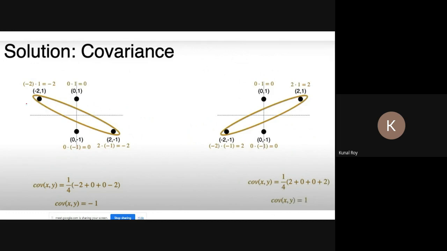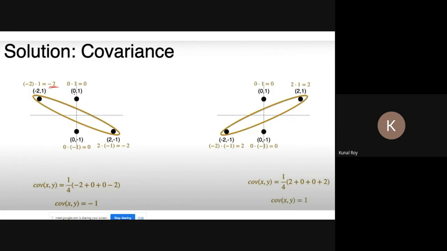Similar thing, if we are taking those points, first I am multiplying the x coordinate with the y coordinate. You can see in the figure that first I am multiplying each and everything. That is -2 into 1. First we have considered this -2.